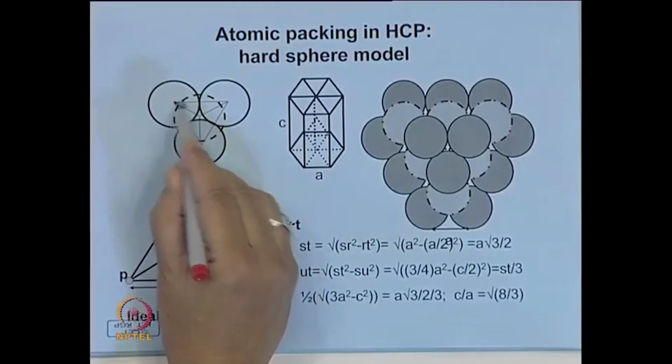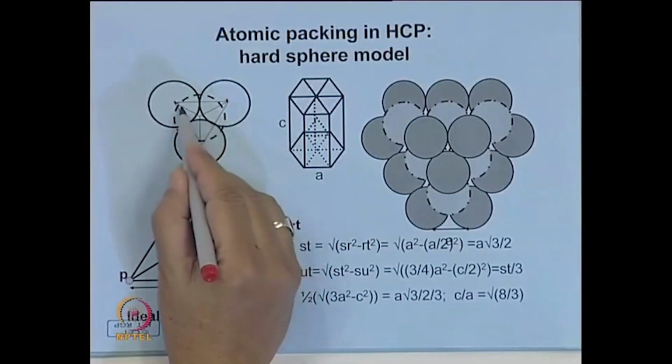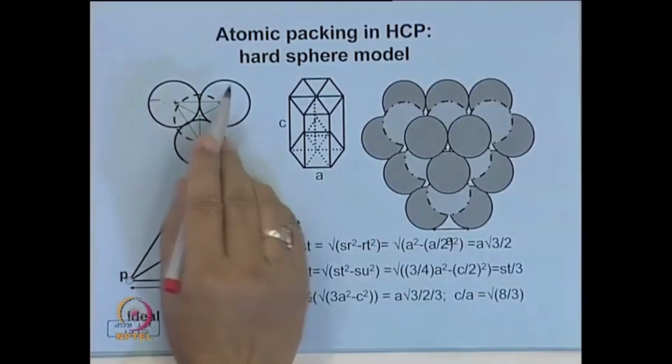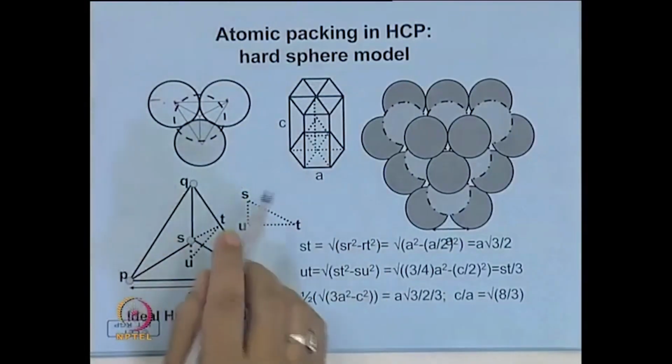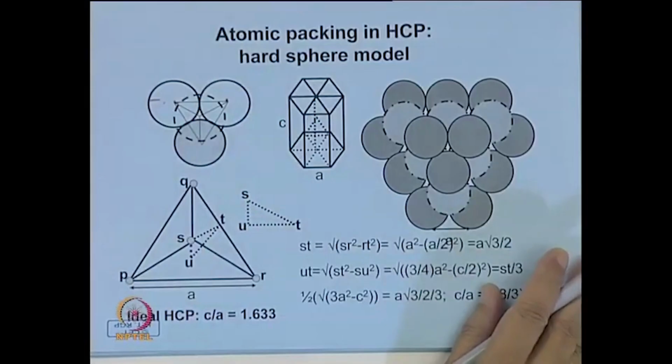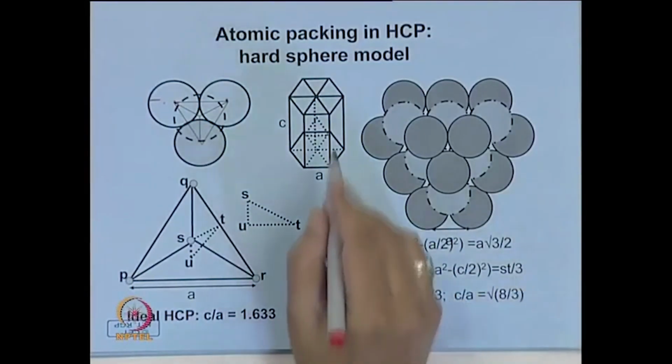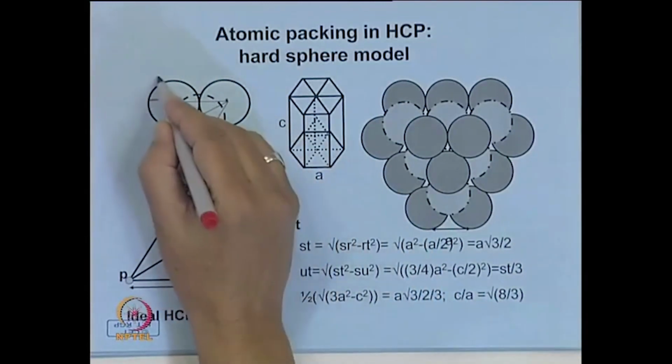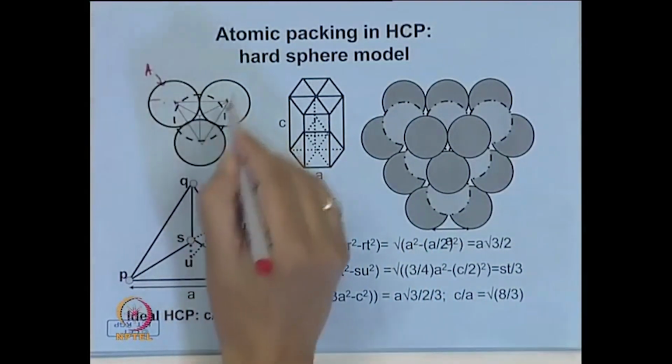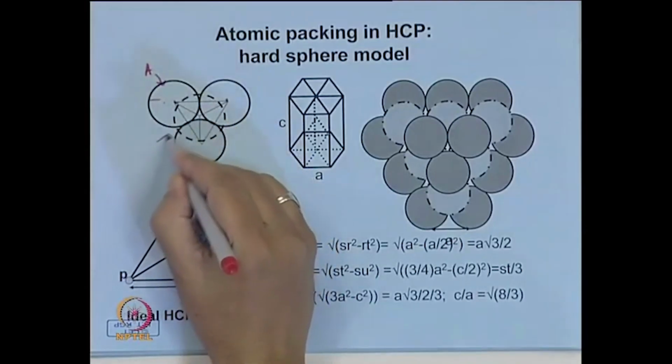Therefore, hexagonal close packed arrangement will put a restriction on these two dimensions: the dimension in the plane between two atoms and the dimension between this layer and the top layer, and it will be worthwhile to look at what is the magnitude of this. Now, here this is the layer A. Now, let us see, this is the layer B.